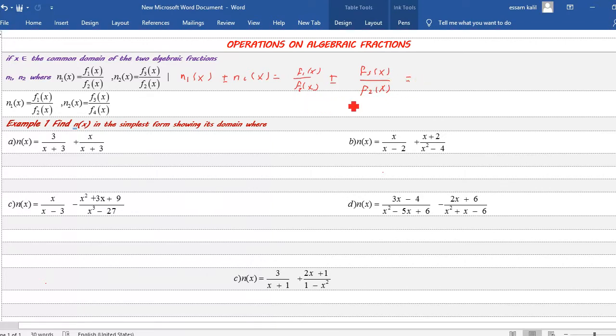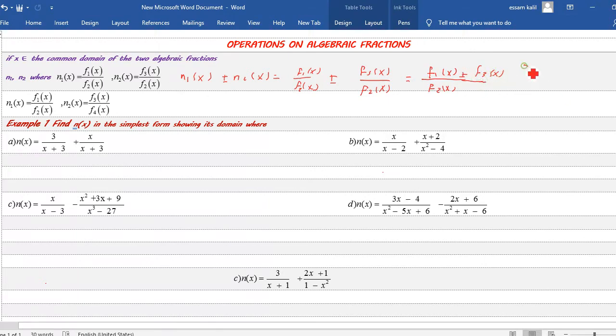The denominators are equal, so we write the denominator f2 of x. Writing the numerator, it will become f1 of x positive or negative f3 of x.